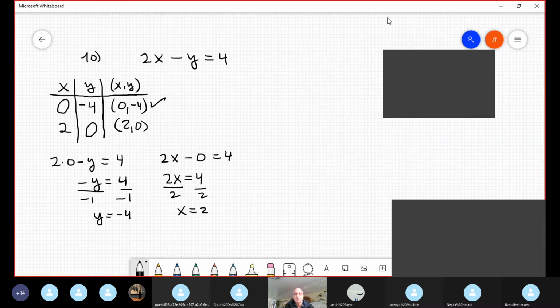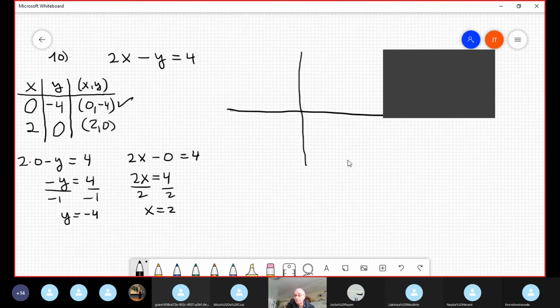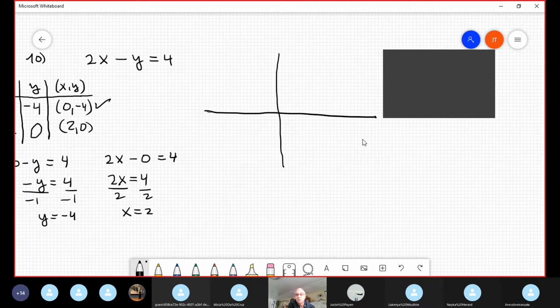Okay, this is my rectangular coordinate system. Now it's clear? Oh, I understand your question. You see a black box.